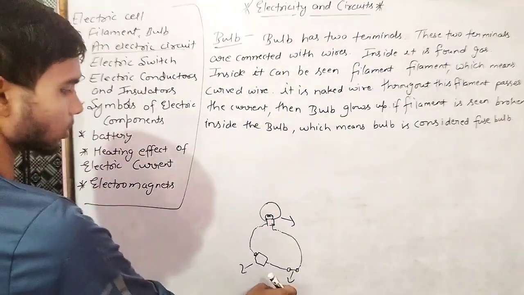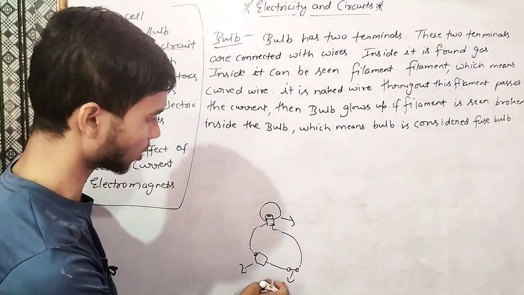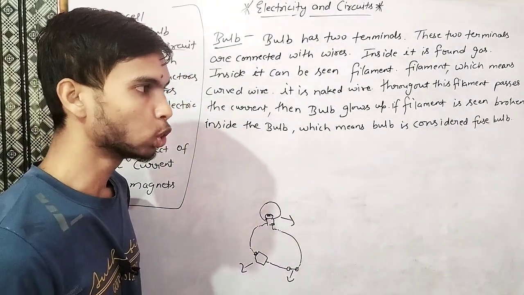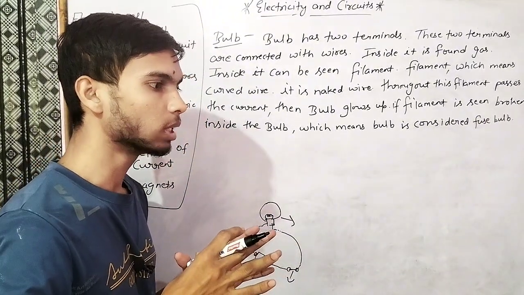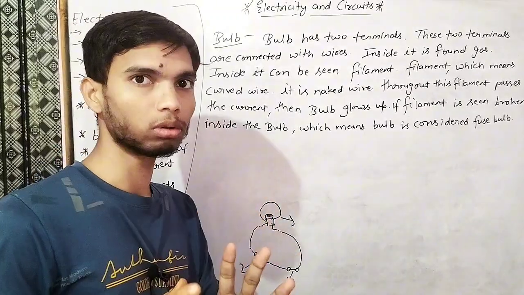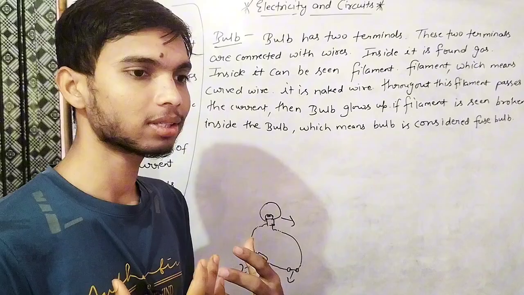We will come to the discussion of this electric switch. Let's understand it also. An electric switch is used as a switch. When the switch is in the on position, the electric device will work.